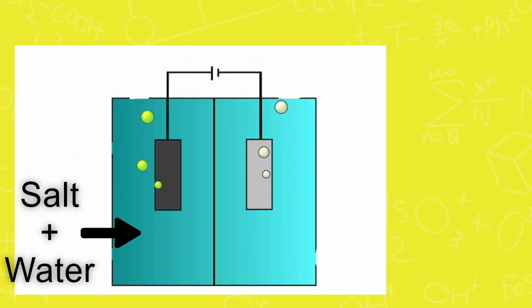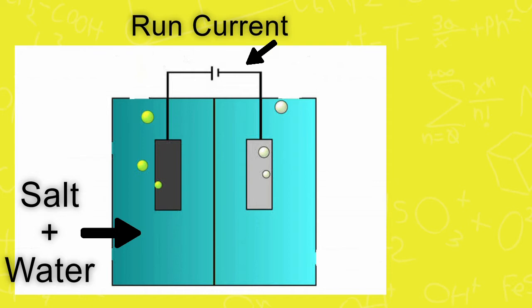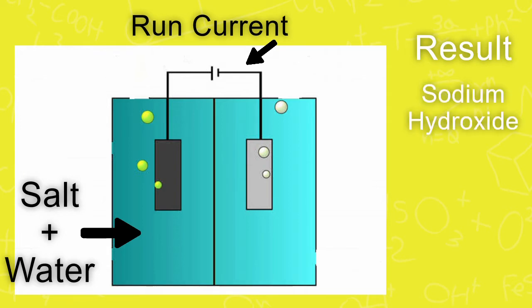You just add a lot of salt to a quantity of water, and then you run current through it. Electricity, you just run current through it completely. What happens when you run a current is that the base sodium hydroxide is formed. Along with that, you have two other products, hydrogen gas and chlorine gas.